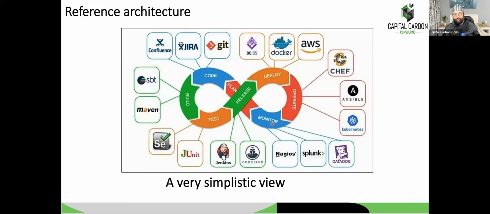If you go to the monitoring side, you have Nagios for monitoring, Splunk and Datadog, right? If you go to the operate side, maybe your Kubernetes is running your clusters, your configuration management is done by Ansible. Probably you have a bunch of Chef thrown in there as well. So this is another simplistic view of how a DevOps reference architecture could look like.